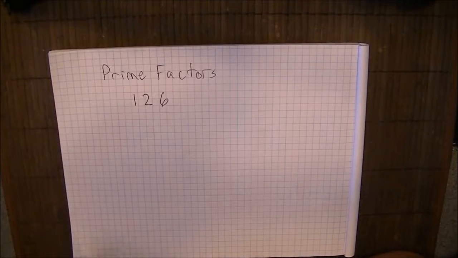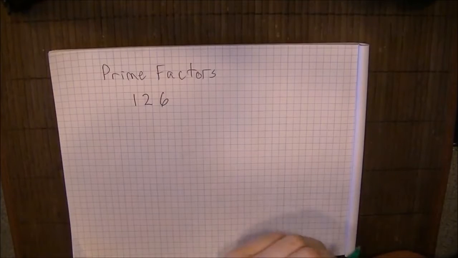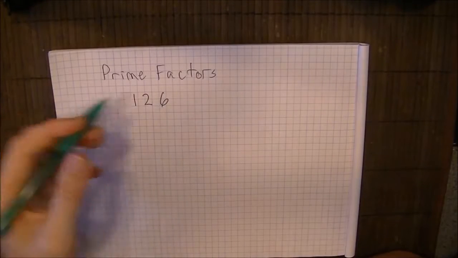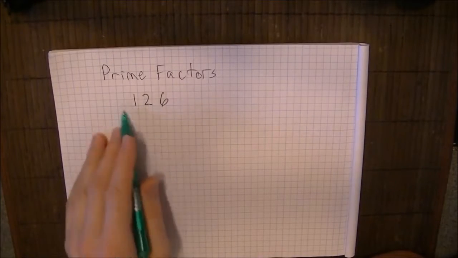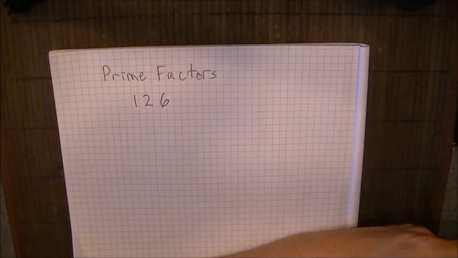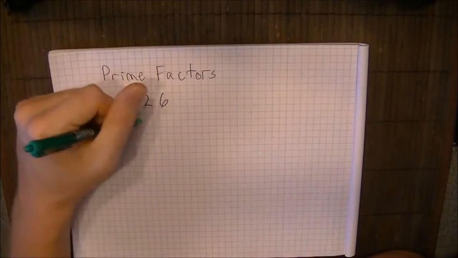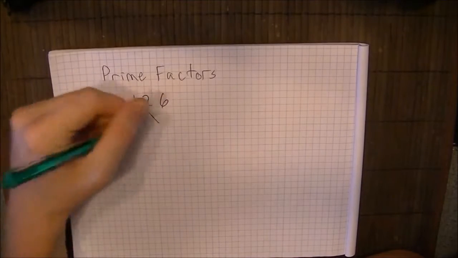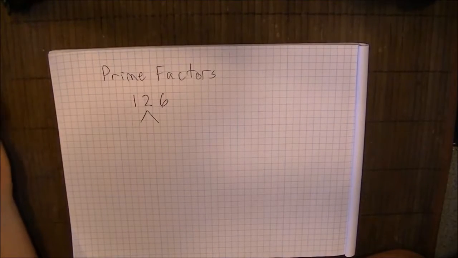So what I want to do now is explore what I mean by saying that every composite number can be broken down into its prime factors. So what we're going to first do is say, well, how can I write this as a pair of factors? Well, I've already said that 2 goes into this number, so 2 times what is 126?